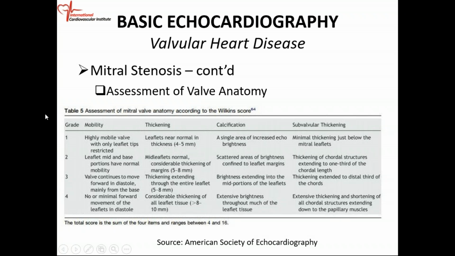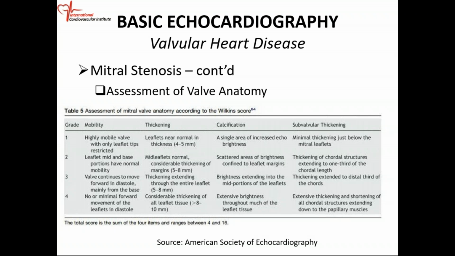And then each of these points will get 4. So mobility 4, thickening 4, calcification 4, subvalvular thickening 4. So this total score will be 16, 4 times 4. This patient would not be a candidate for valve repair. This patient would need valve replacement. You'll have to replace this valve.